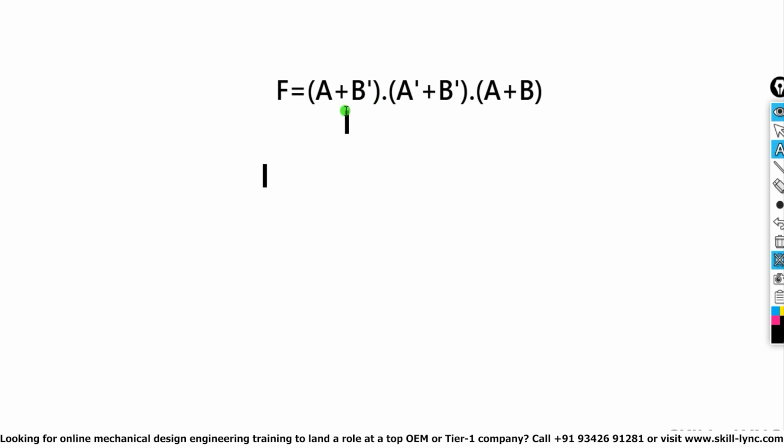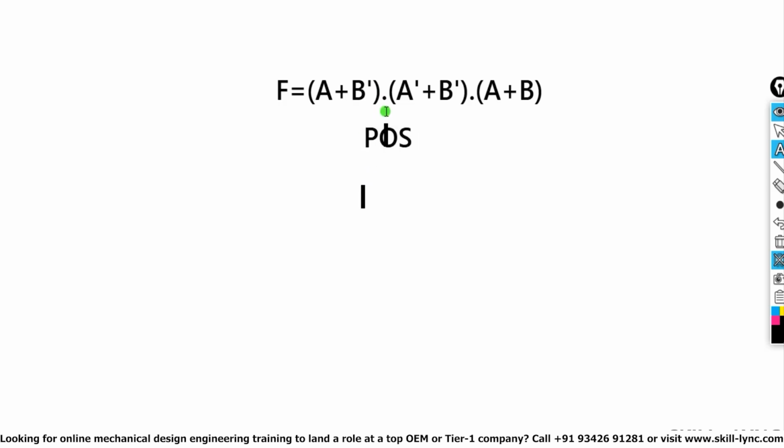First, they ask to identify whether it is SOP or POS. If SOP, find the minterms. If POS, find the maxterms. And at last, find the canonical form of the function. The very first thing is whether it is SOP or POS. Because it is a product of sums, the first part is solved: it is POS.